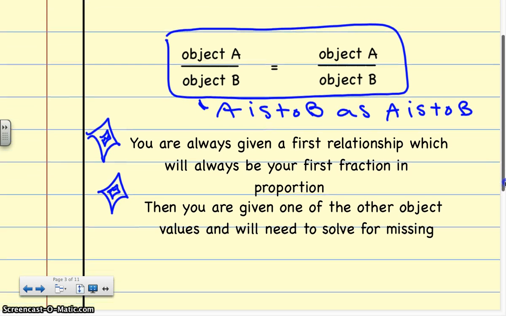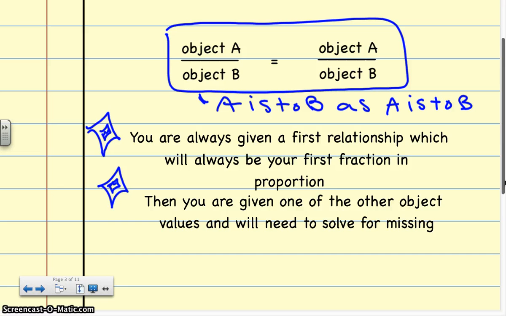I want you to write these bullet points down that I have denoted with a little diamond. In any kind of word problem, we are always given a first relationship, which will be your first fraction in the proportion. Okay?